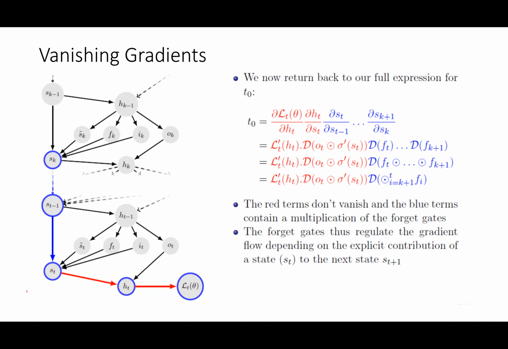The back propagation here involves the output only until I get to the corresponding cell state. Once this output gate is involved and I get to the cell state, if I want to write it as a function of the cell state 10 steps back, I can write it directly through a diagonal matrix, or element wise multiplication, of all the forget gates.